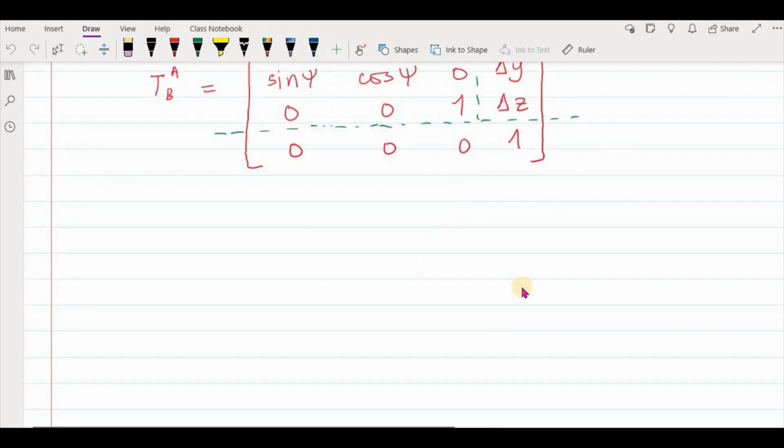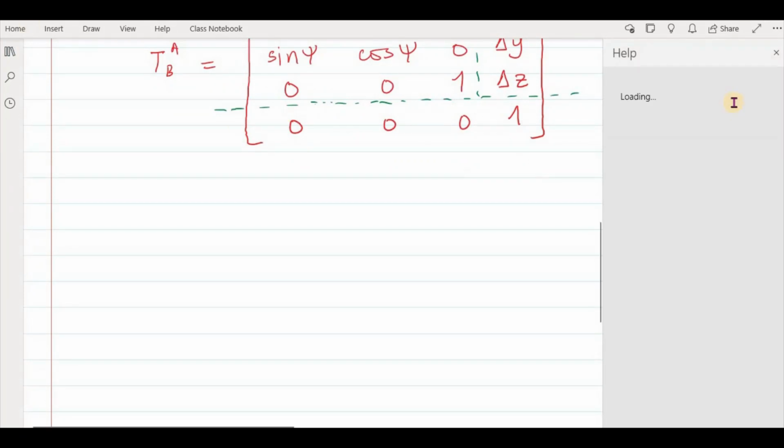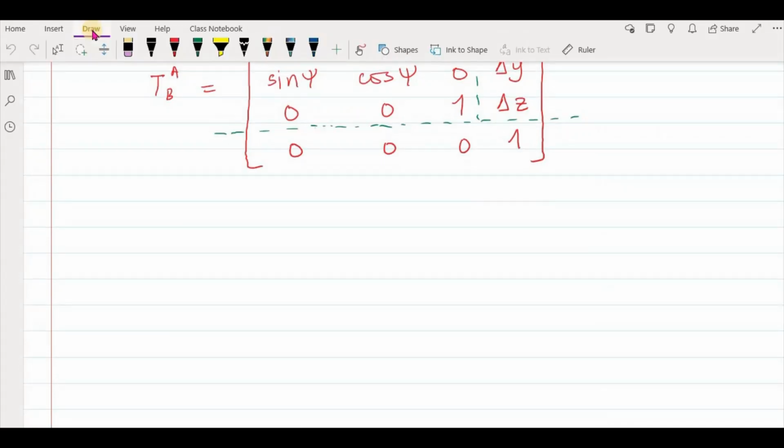So let's see. You remember that when we want to transform one frame to another, you need to multiply your frame. Just put the values here.